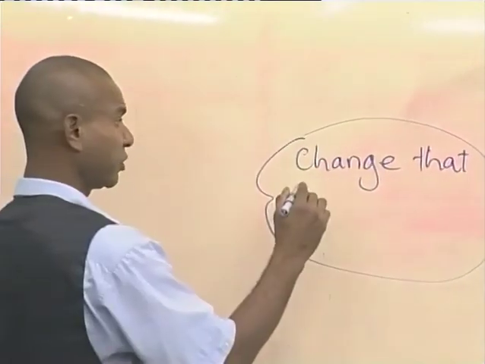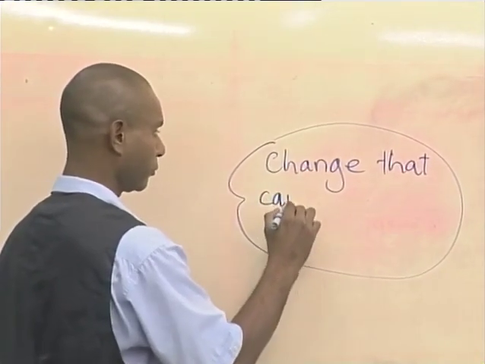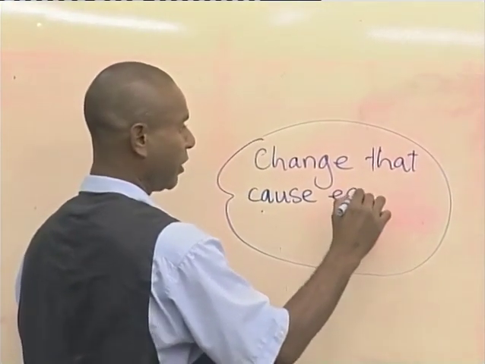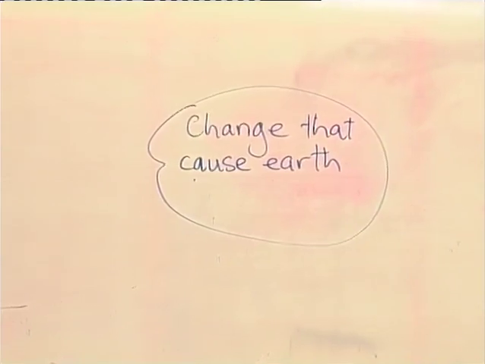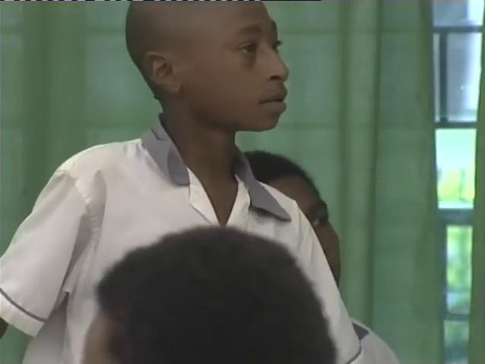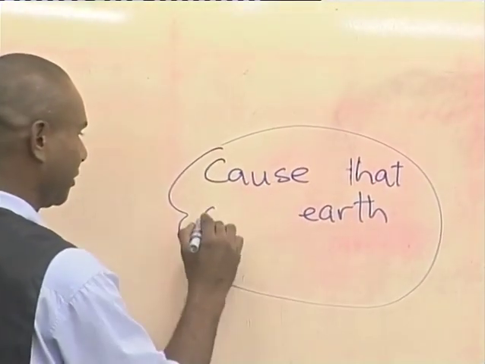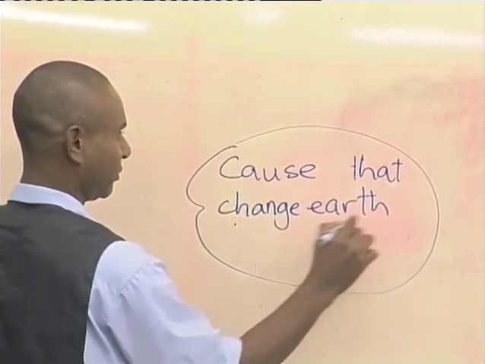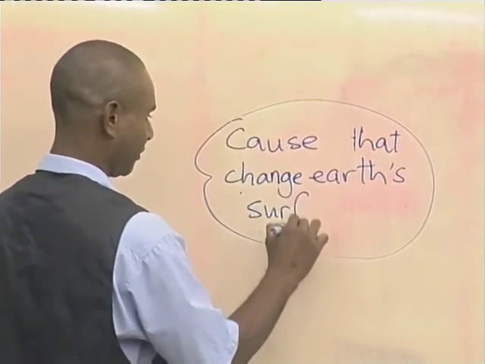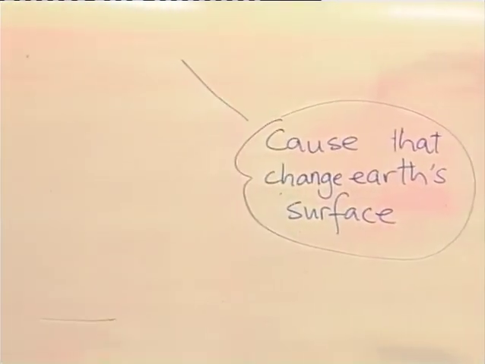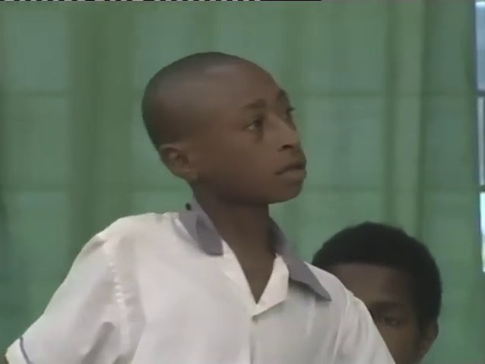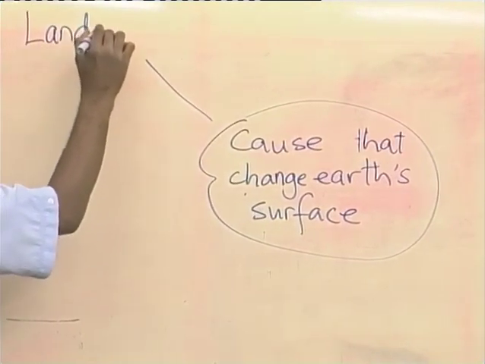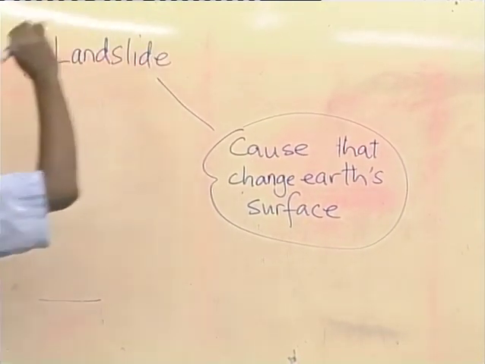We'll have Fred to give us the first one. Fred. Then we have Laka and Emmanuel. Okay, Fred, give us. Landslide. Landslide, very good. Thank you. Laka?